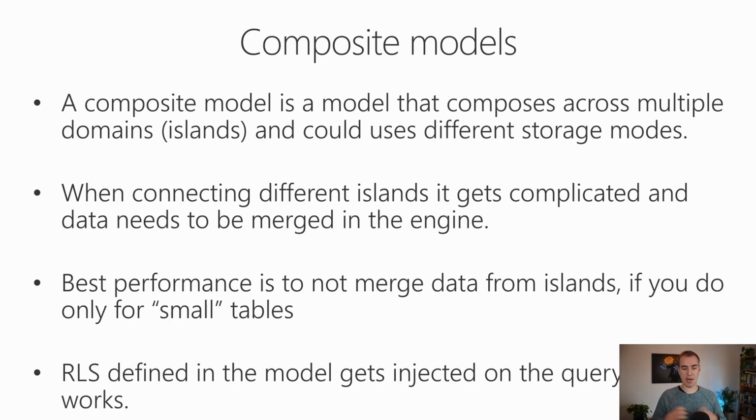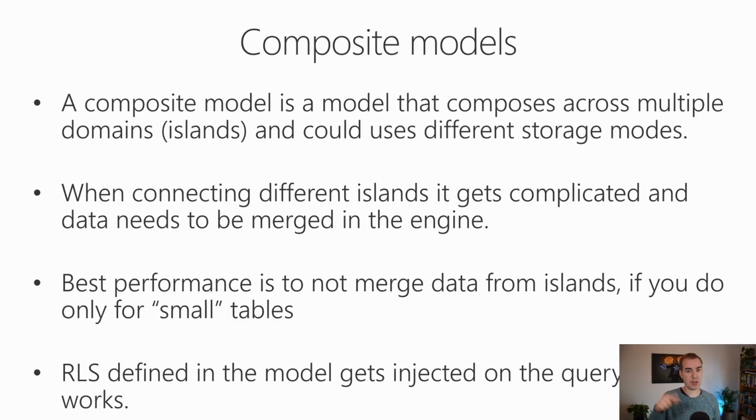When connecting different islands, it gets complicated and data needs to be merged in the engine. The best performance you will get is to not merge data from islands. If you do it, as you've seen, try to only use it for small tables and use visuals that are filtered down so we don't have to inject that much information.